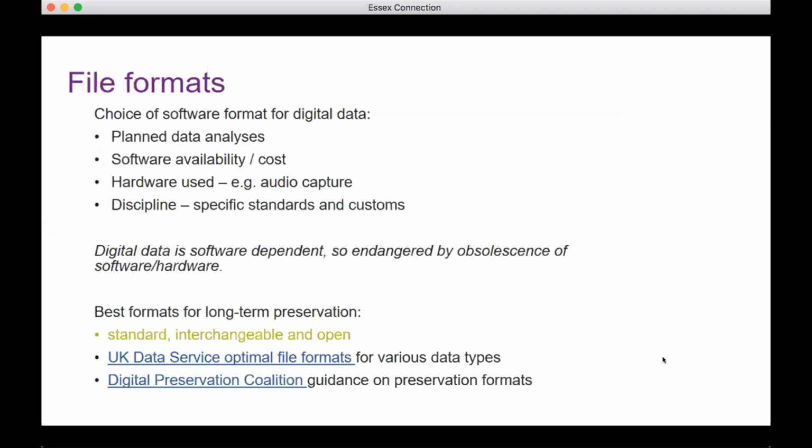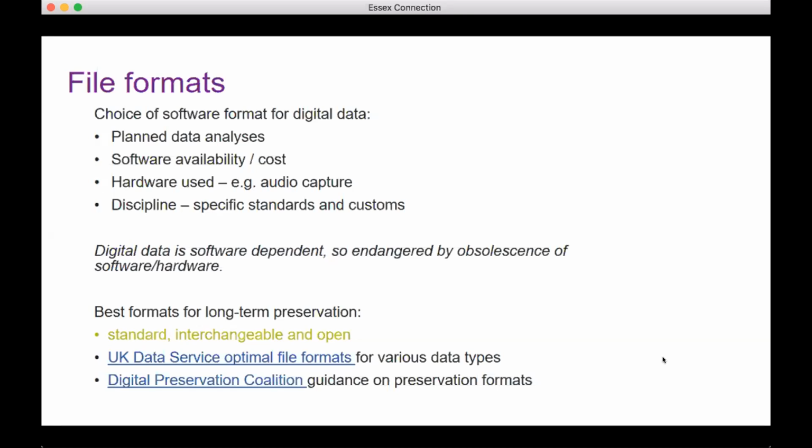Another very important aspect to consider is file formats, making sure that we consider the most appropriate software to use for our projects. As I'm sure you're aware, digital data is very much software dependent, and we need to, as much as possible, be able to predict how that software will behave in the future.